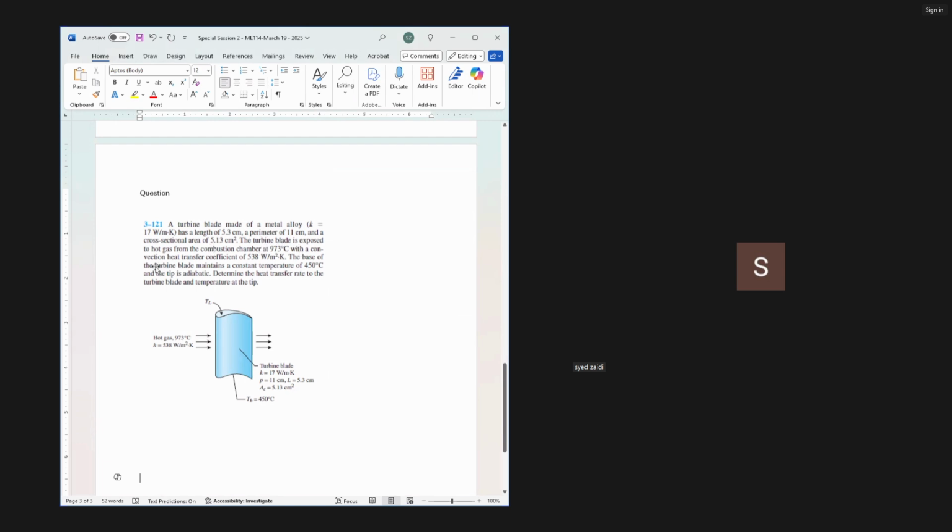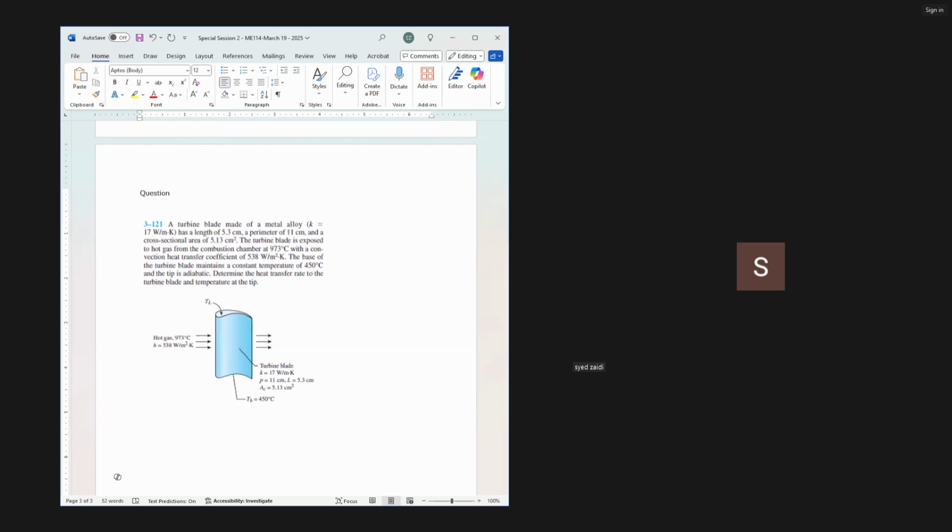The turbine blade is exposed to a hot gas from the combustion chamber at 973 degrees centigrade, and the convective heat transfer coefficient is very high, 538. The base of the turbine blade maintains a constant temperature, right? Determine the heat transfer due to the turbine blade and the temperature at the tip. So we have to find the temperature at the tip, and we have to find the Q dot.